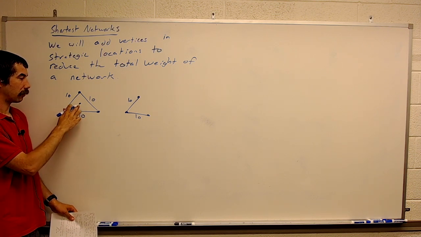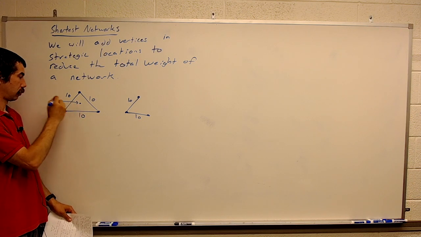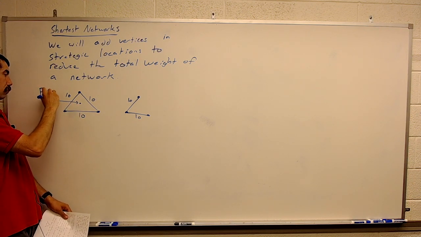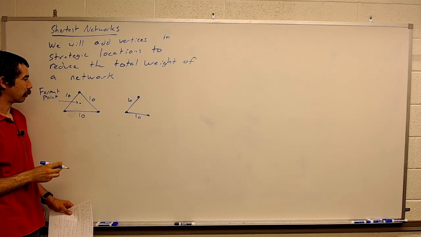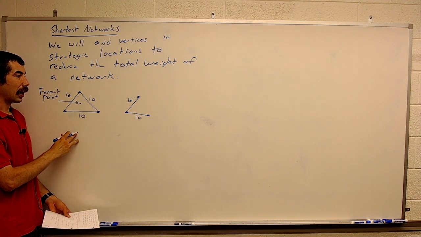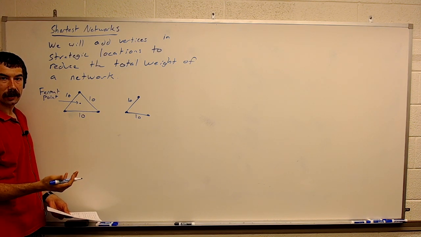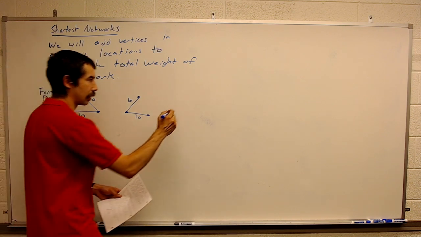This point is going to be called a Fermat point. I know it's Fermat, but I'm American, so we say Fermat. And we're going to actually get a shorter network that looks like this.